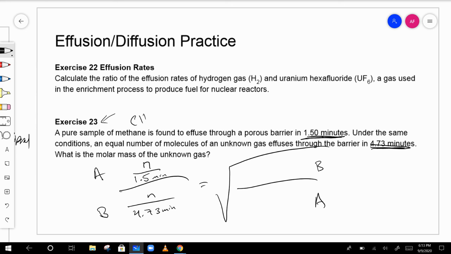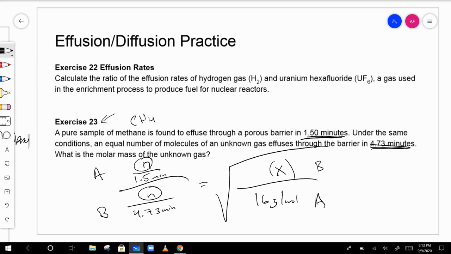Methane is CH4, so that's 16 grams per mole. And we don't know this. That's what we're trying to find. The tricky part again is that we need these N's here, because the rate isn't 1.5 minutes, it's N in 1.5 minutes, and this is N in 4.73 minutes.